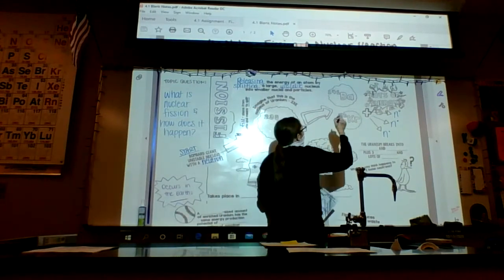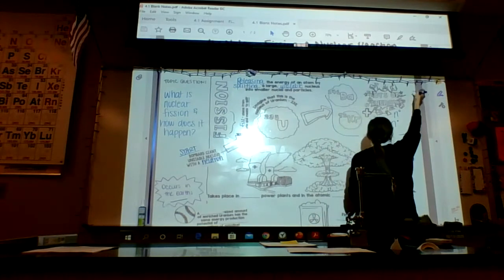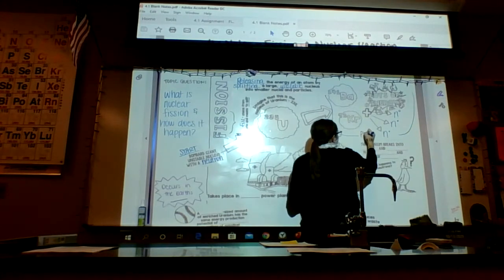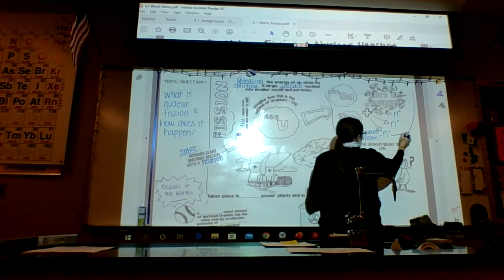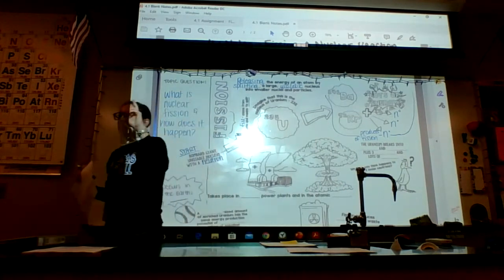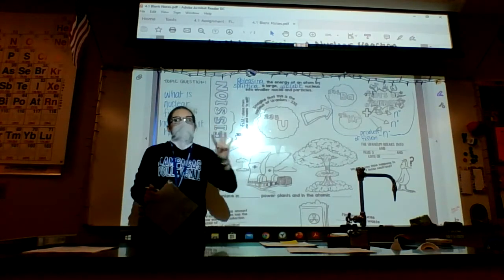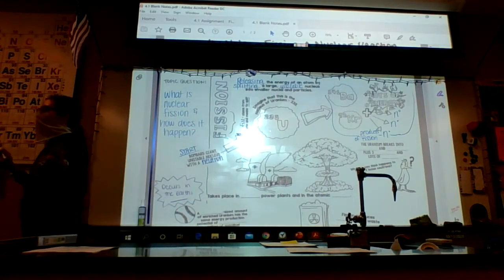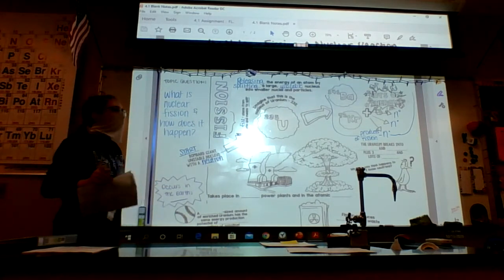So all of that right there are the products of fission. So fission gets us barium, krypton, a whole bunch of energy, and 3 neutrons. All of those are the products of that uranium atom getting split by a neutron.